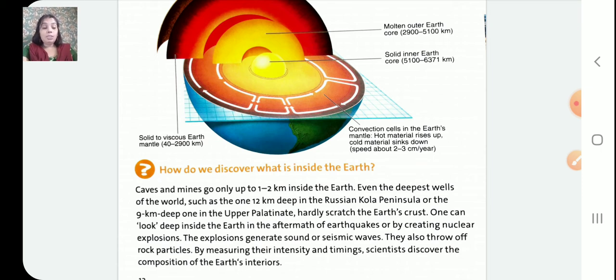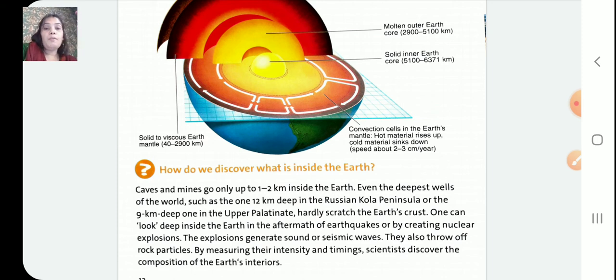So the earth, according to the scientists, was formed some 4.6 million years ago. As I said, the earth is enveloped by a blanket of atmosphere, so we have life on earth. It is believed that the earth is a huge ball of rock.